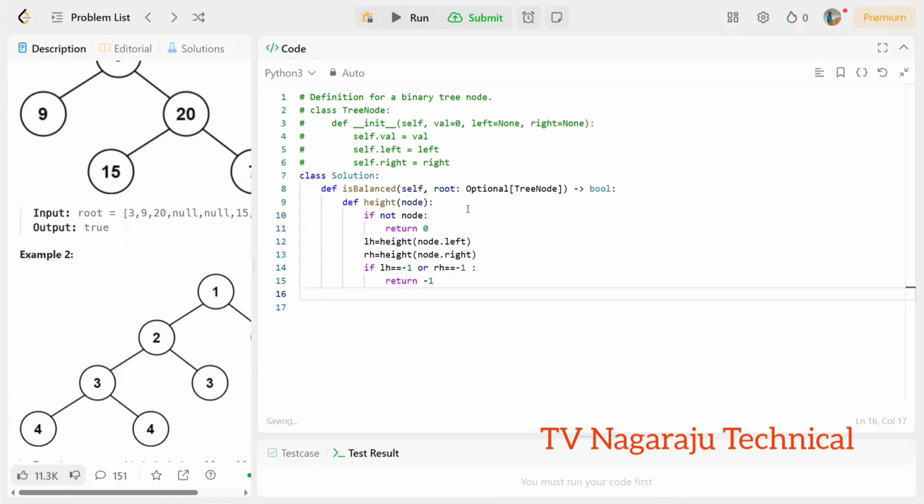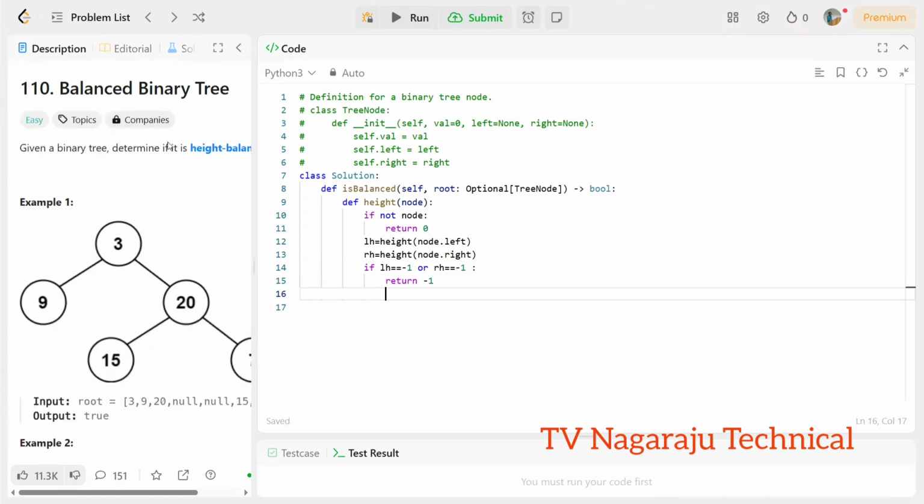Suppose here my condition is the difference is not more than 1. The difference is either positive or negative. That is the reason we calculate the absolute value. You got the point? Absolute of the difference LH minus RH.